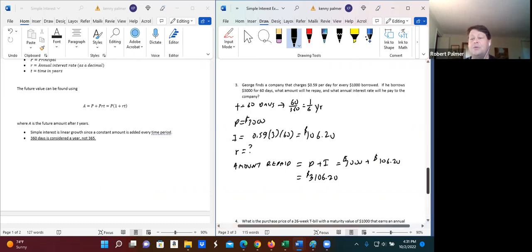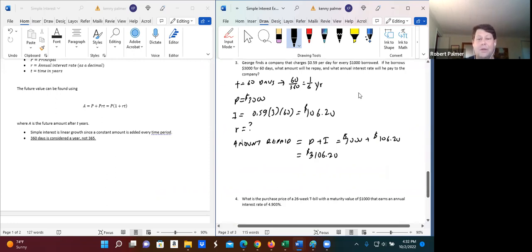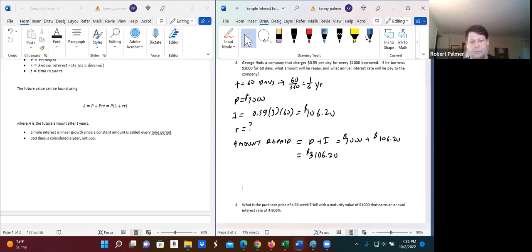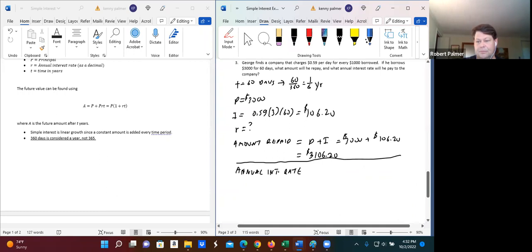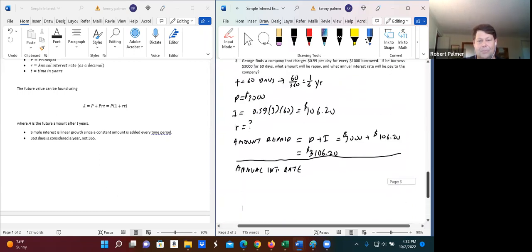Okay. Now, we also want to know approximately what the annual interest rate would be for doing this. Let me draw a bit of a line so we can separate these. The annual interest rate. Okay.